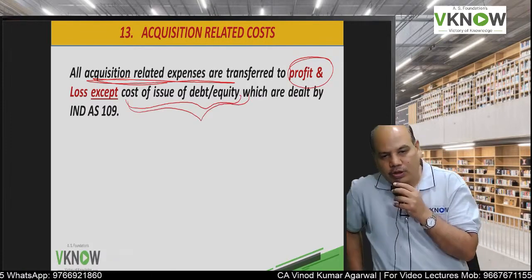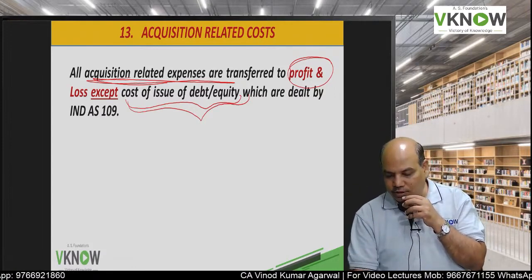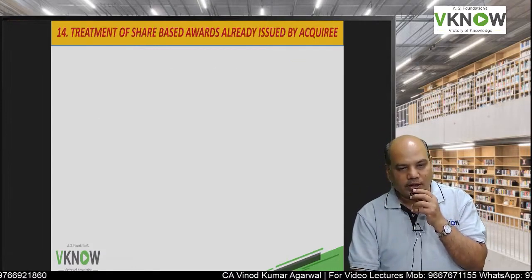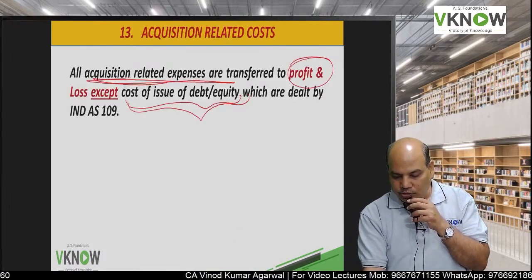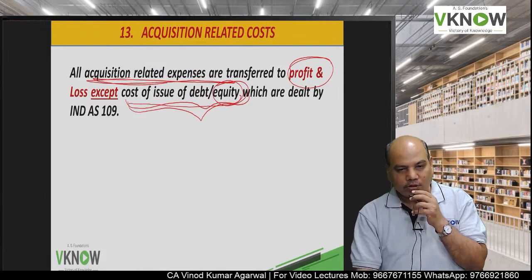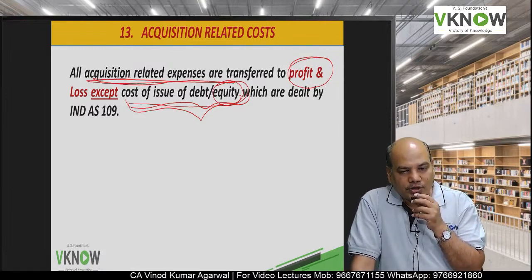Now we have seen it will be covered by IND AS 109, because in IND AS 109 cost of issue of equity is not adjusted in the P&L account, but it is adjusted in SOCIE.